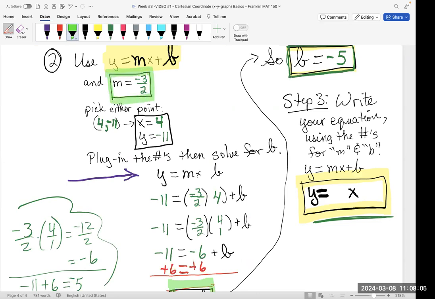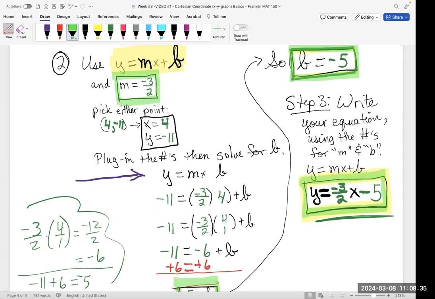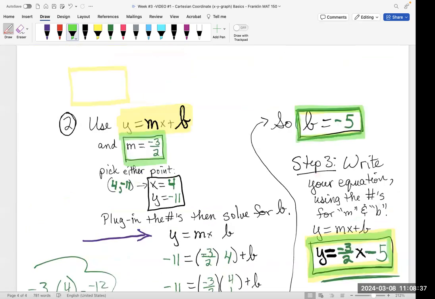I now have all of the information that I need to write the equation of the line through the two given points. y equals -3/2 x minus 5. And that's what you will put into ALEKS. This is the equation of the line that goes through the two given points.